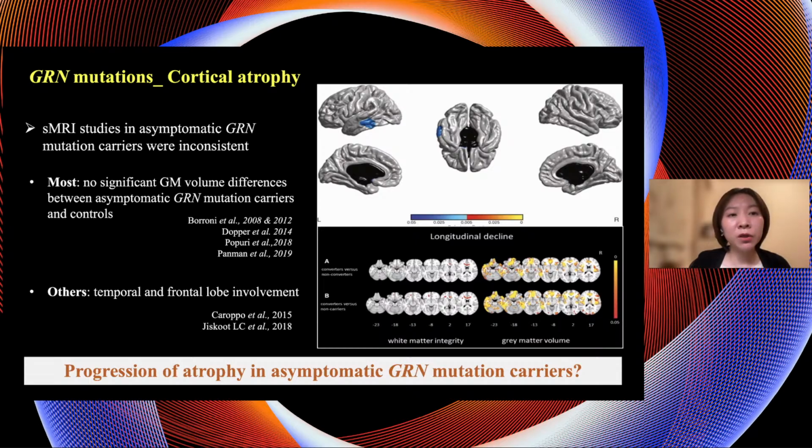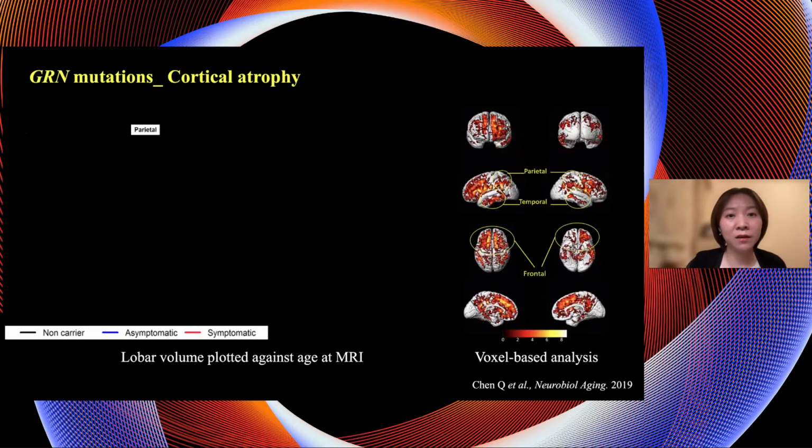Especially in the asymptomatic granulin mutation carriers, the gray matter volume differences are not consistent with each other. So when we ask about the progression of atrophies in the asymptomatic granulin mutation carriers, we need longitudinal studies here.